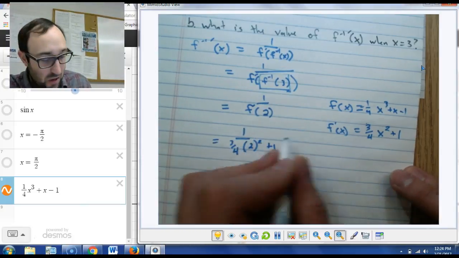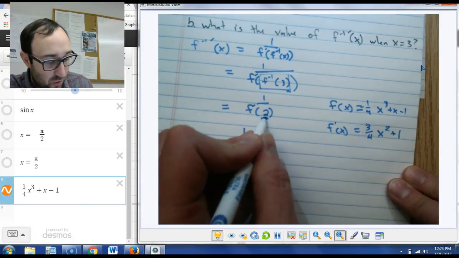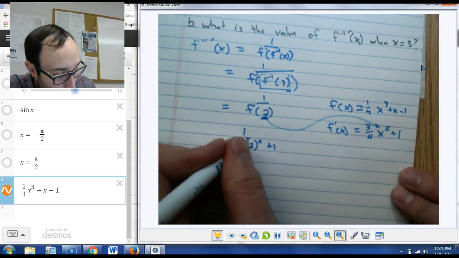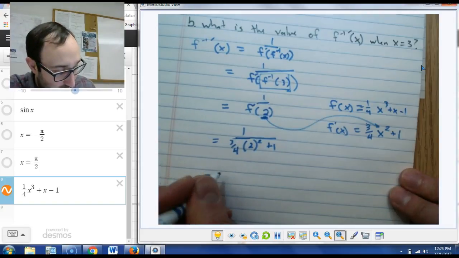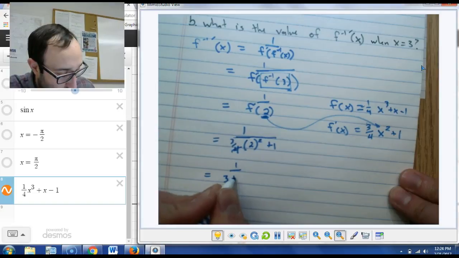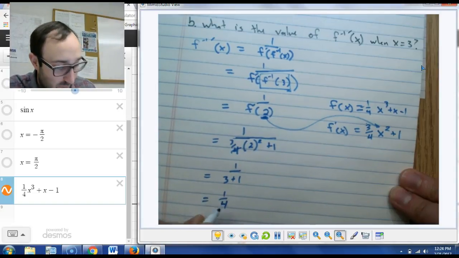Where did I get that 2 from? Right here. I'm plugging the 2 into all the x's that I see in there. And we just have 1 over that. So that's going to be 1 over 4 times 3/4, which is just 3, plus 1, which equals 1/4.